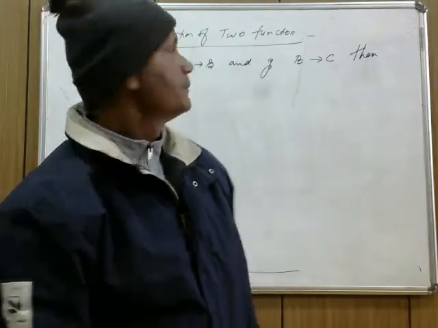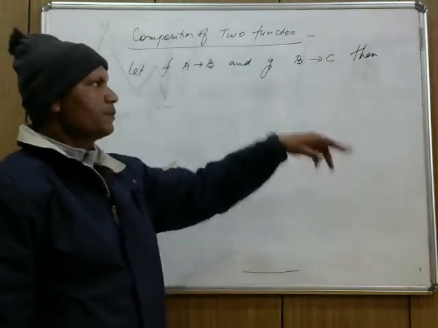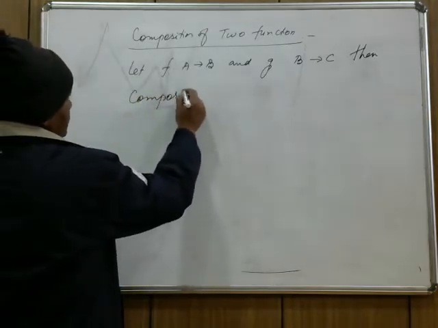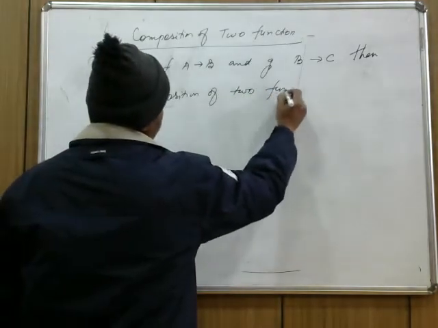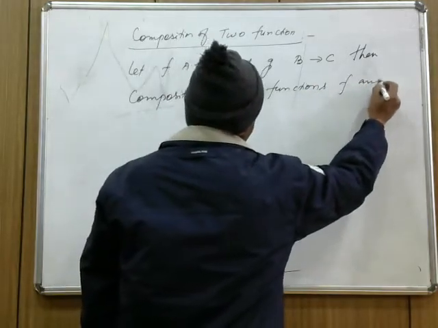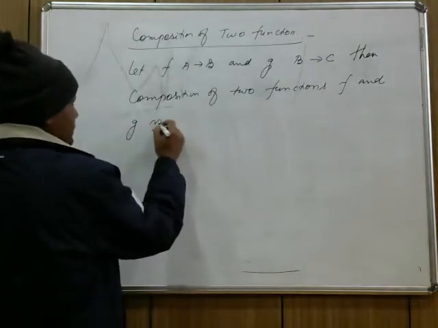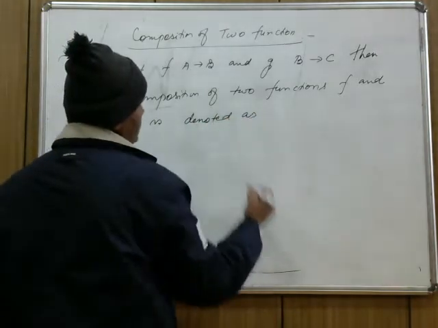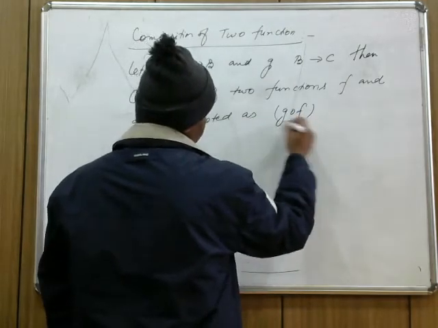Composition of two functions. Let f be a function from A to B and g be a function from B to C. Then the composition of two functions f and g is denoted as gof(x).